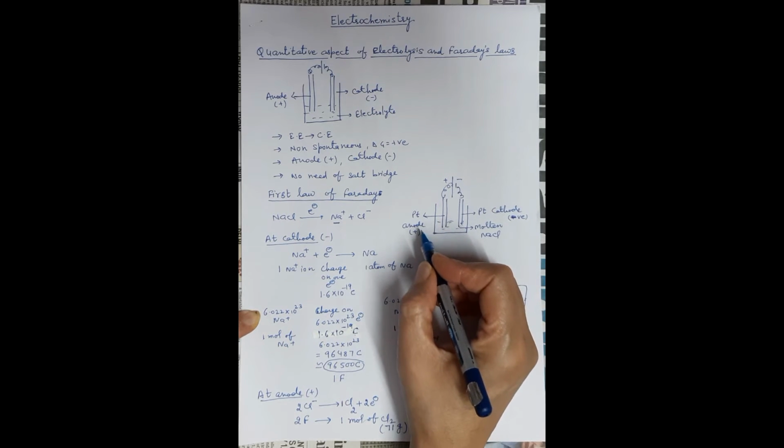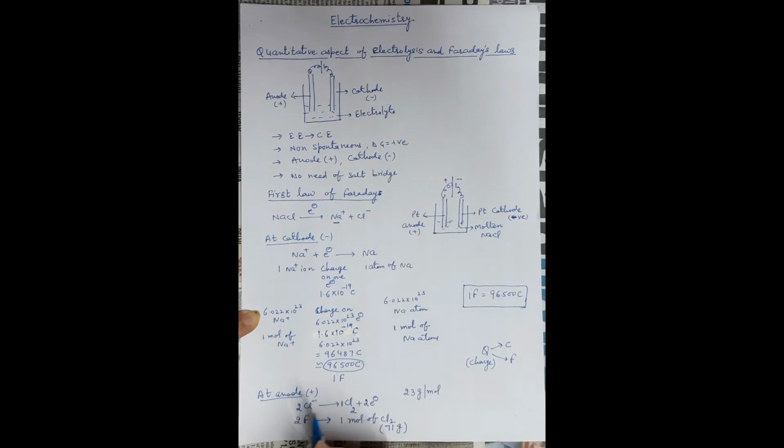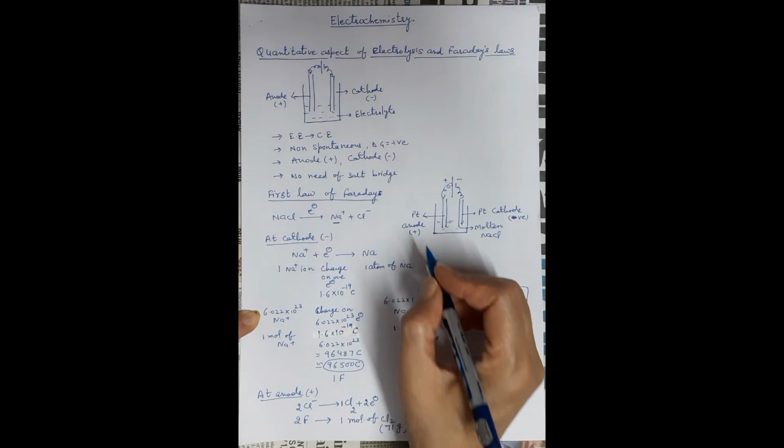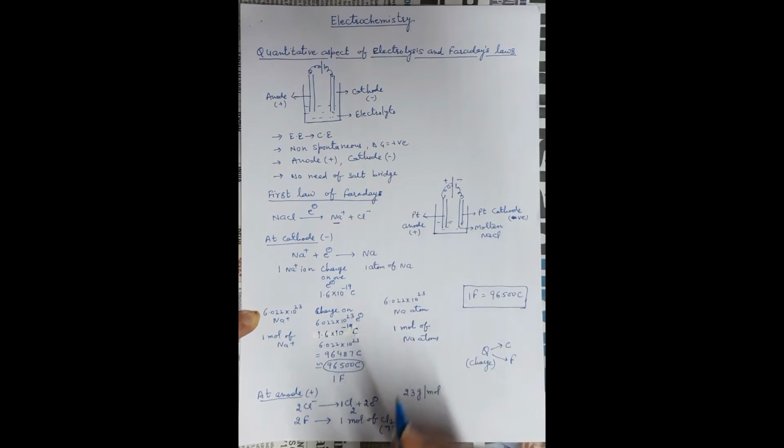There is some reaction which is occurring at the anode. Chloride ions, being negatively charged, move towards the anode as it is positively charged. So 2 chloride ions will lose 2 electrons and change to 1 mole of chlorine gas. By releasing 2 moles of electrons, you get 1 mole of chlorine gas. So 1 mole of chlorine gas is produced by releasing 2 Faraday of electronic charge.